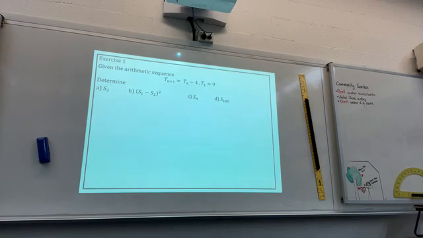I'll give you a couple more minutes to do that. Use the equation I gave you. But for the first two, just think about T1 is 9, T2 would be 5. So you could work out what A and B are just by basically using T1 and T2.